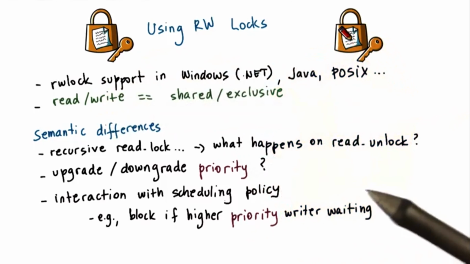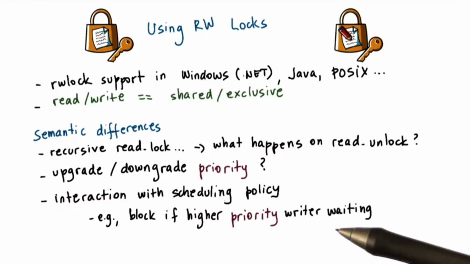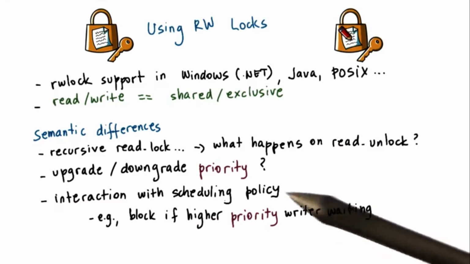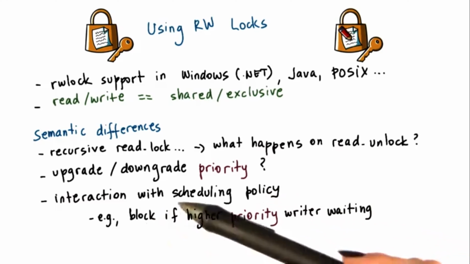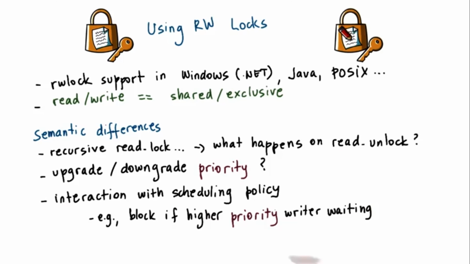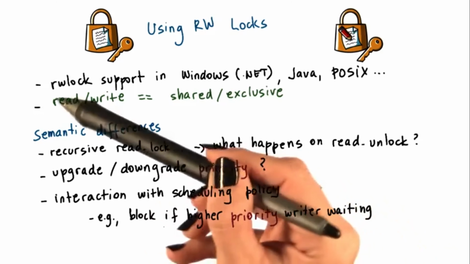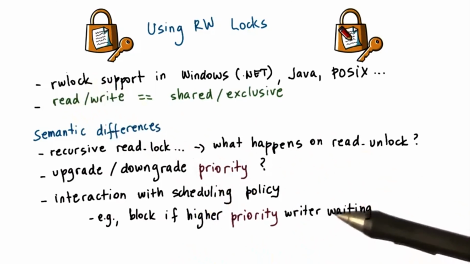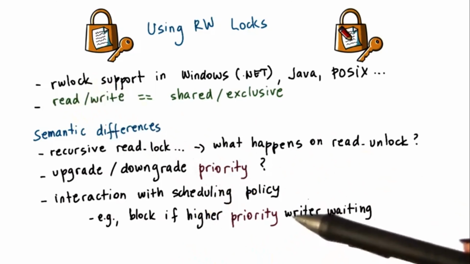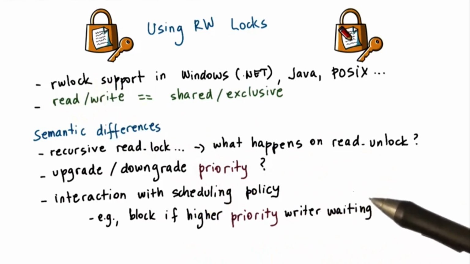Another priority-related difference across reader-writer lock implementations is what kind of interaction is there between the state of the lock, the priority of the threads, and the scheduling policy in the system overall. For instance, it could block a reader, so a thread that otherwise would have been allowed to proceed, if there is already a writer that has higher priority and that is waiting on that lock.